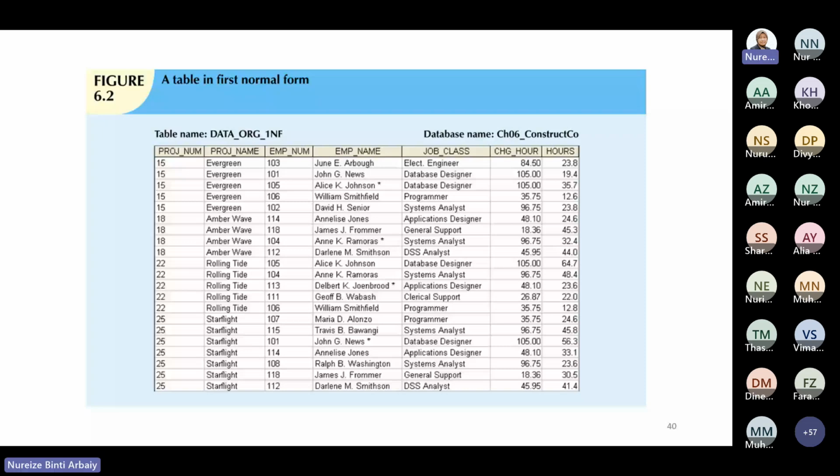Hours may be the work hours. So this is data in a normal form. Usually, it is like this.